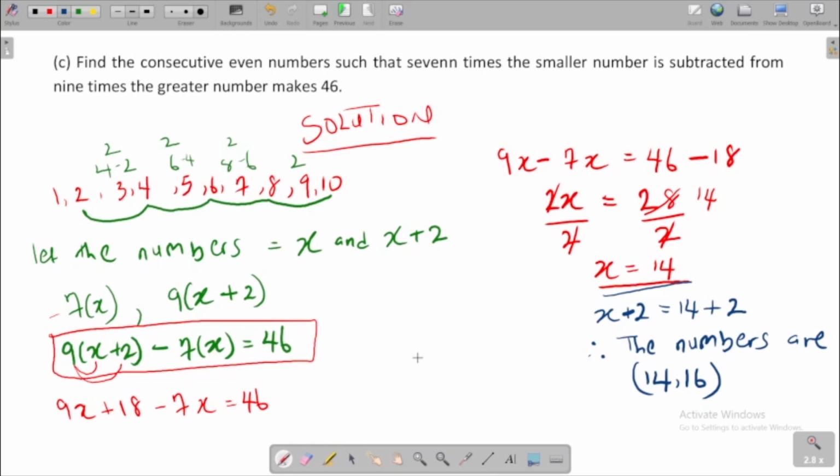You have 9 times 14 plus 2, minus 7 times 14.